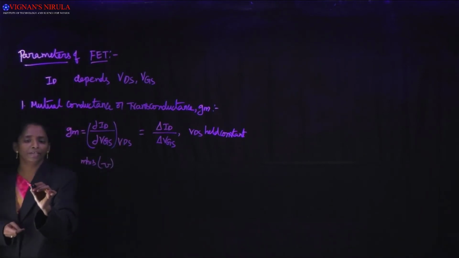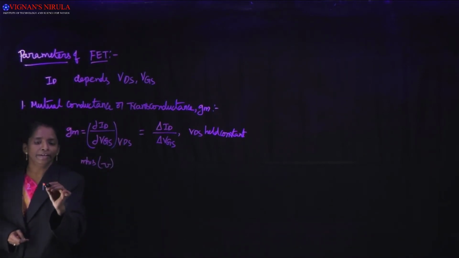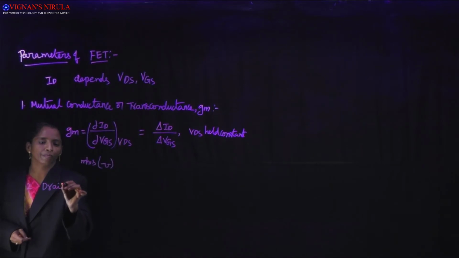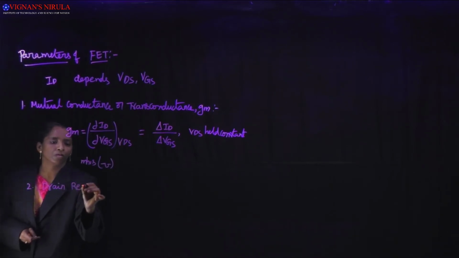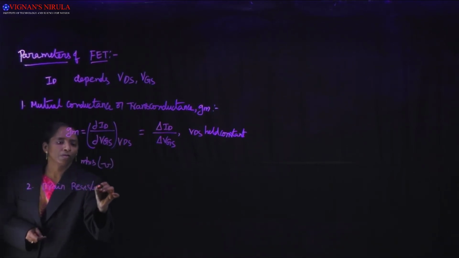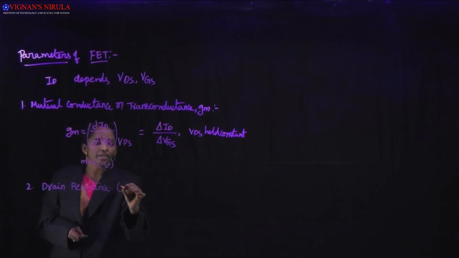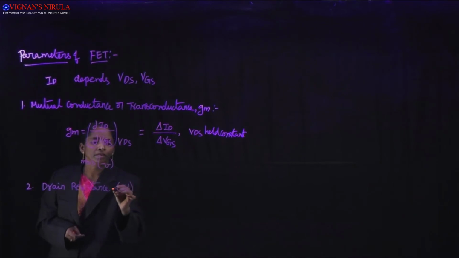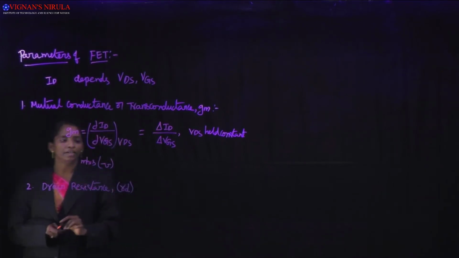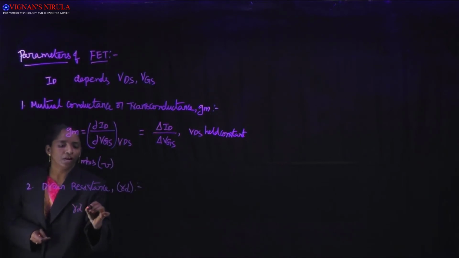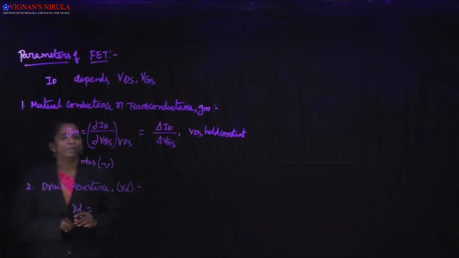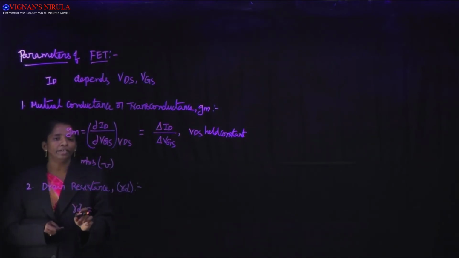And another one is the drain resistance, represented with RD. Here D means drain; the drain terminal is available at the output side.